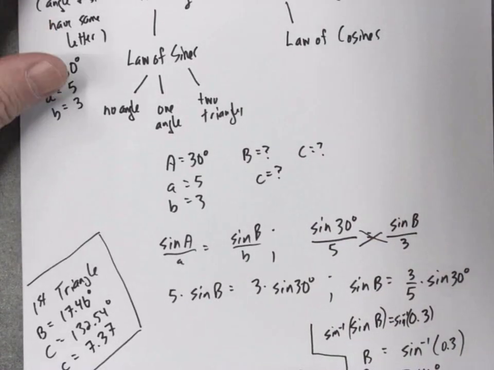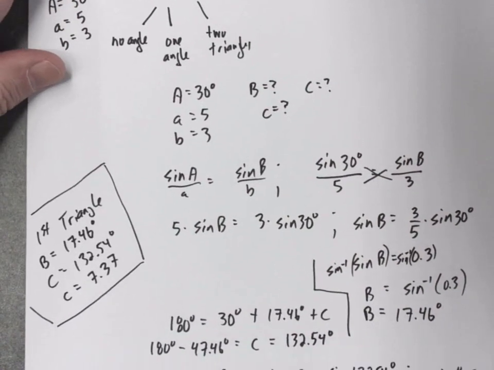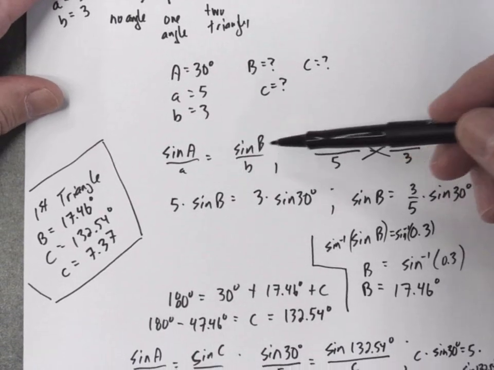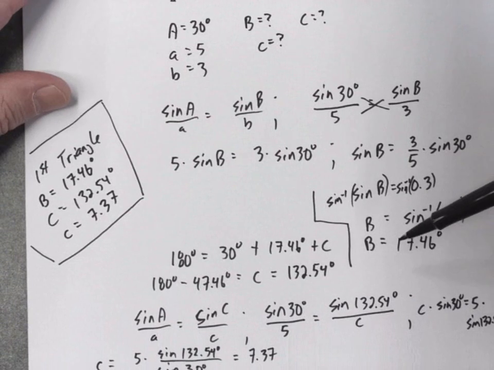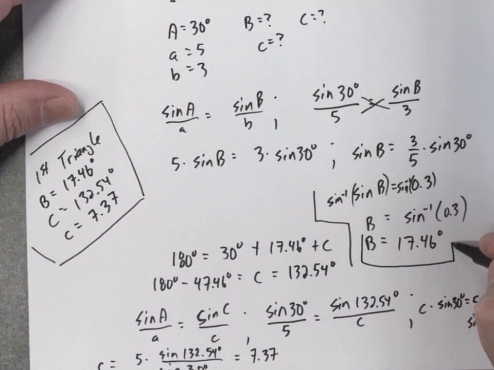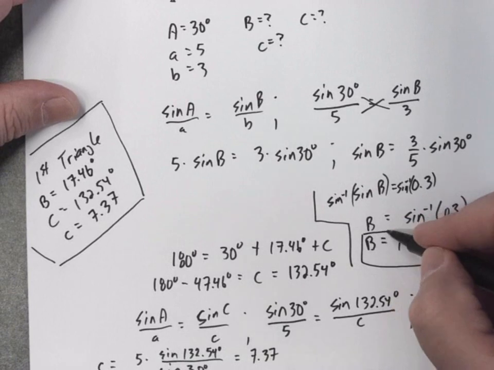So here's what you do. Once again, I taught about this, so I'm not going to teach a lot about it, but I'm just going to do it. For this problem, the very first thing we did was we found angle B. It was right here. That's the very first thing we did, the only thing we could do.